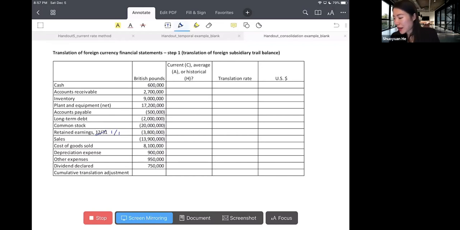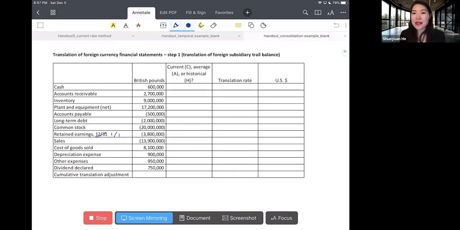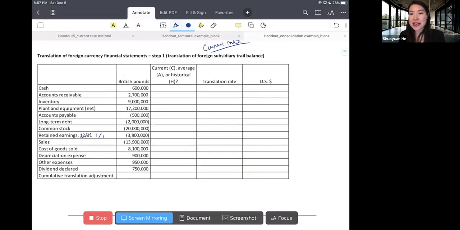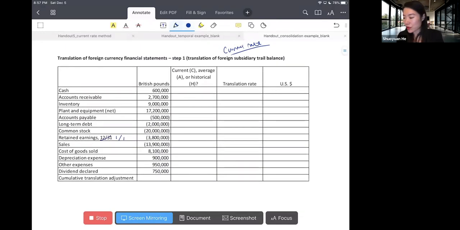So the first step here is to translate the foreign subsidiary's trial balance into US dollars. Because now we know the firm should use the current rate method, under the current rate method all of the assets and liabilities should be applied the current rate.